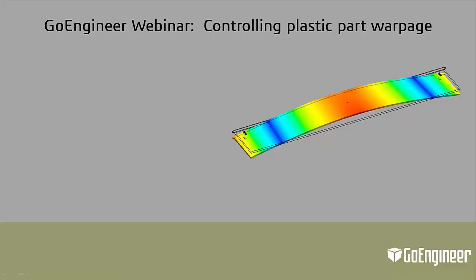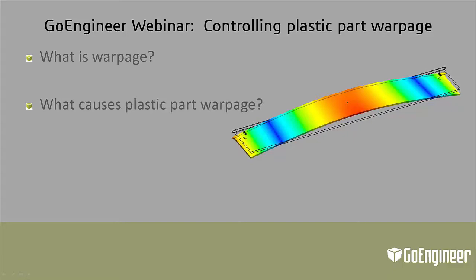In my presentation, I'm going to define what plastic part warpage is. We will look at the causes of plastic part warpage, and I will talk about how we can control this warpage and do this by showing the analysis in the SOLIDWORKS Plastics software.